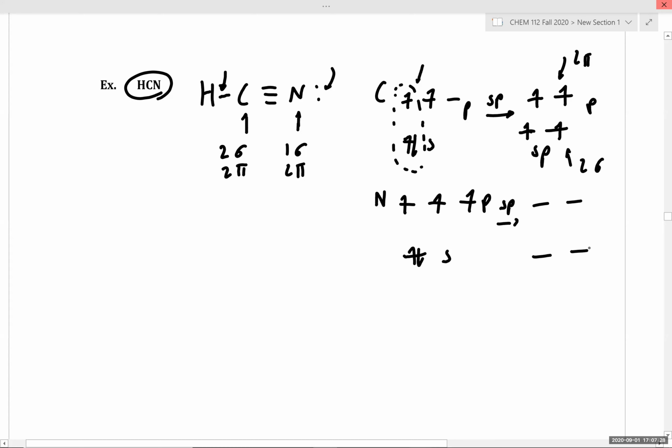It contains a lone pair rather than a half-filled orbital capable of forming bonds.